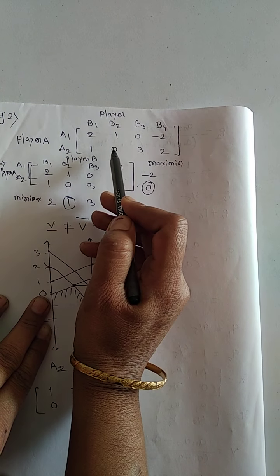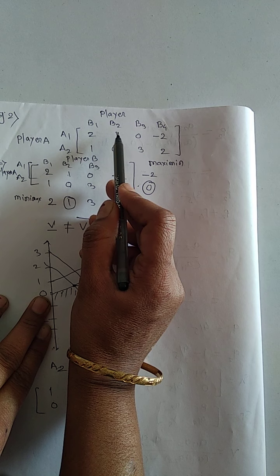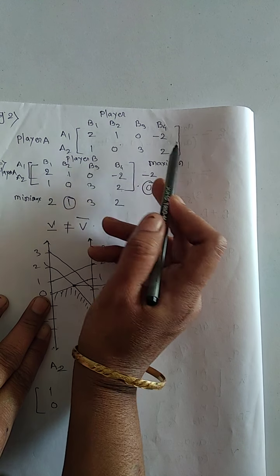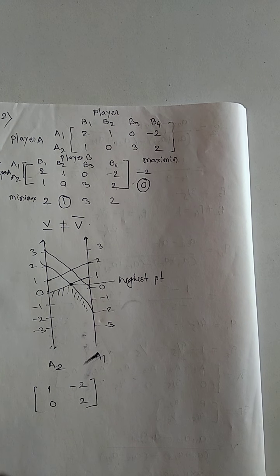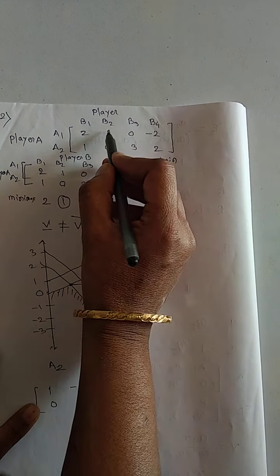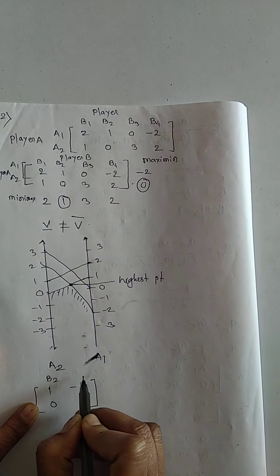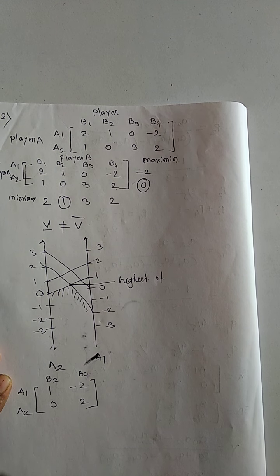We write this payoff matrix, and 1, 0 means B2 and B4, that is A1, A2.